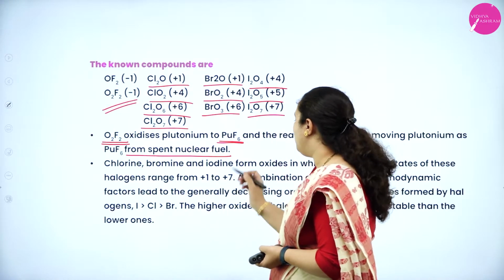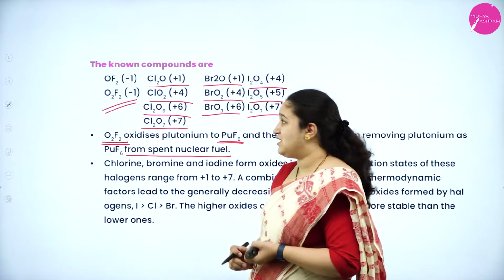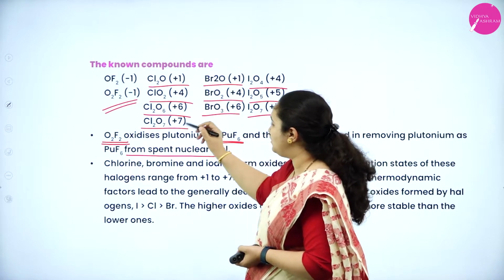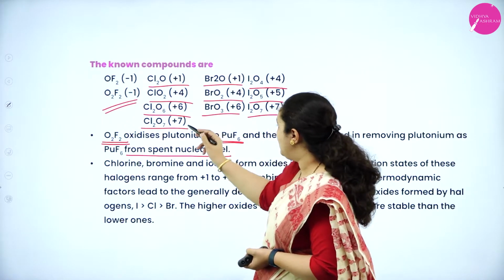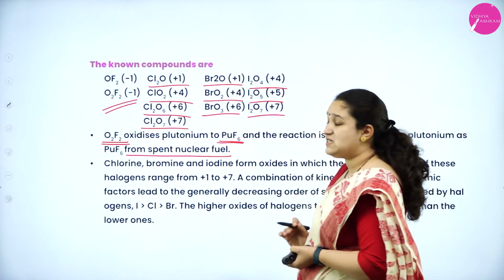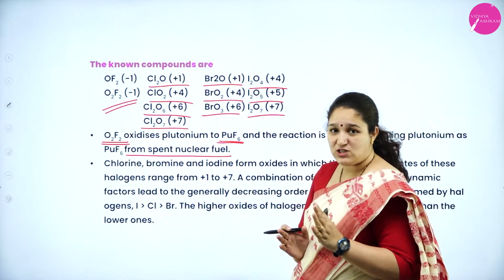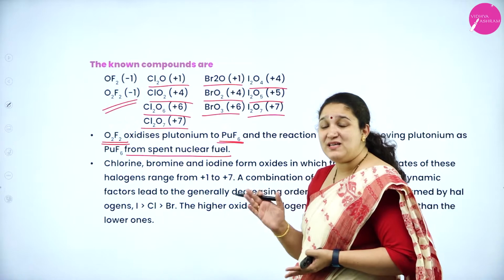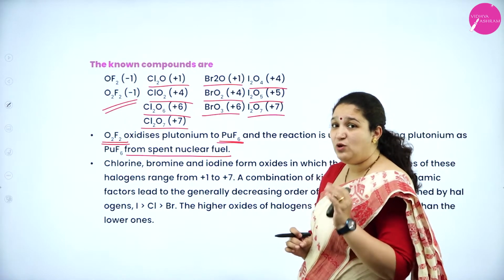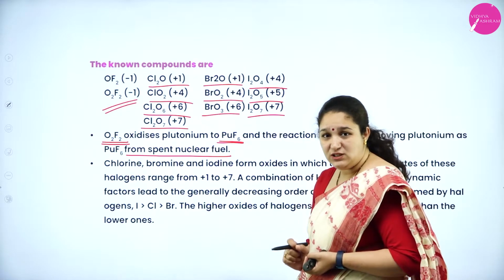Also, chlorine, bromine and iodine form oxides with different oxidation states ranging from +1 to +7. You can see +1 to +7, +1 to +6, here you have +4 to +7. So you have oxides of different oxidation states from +1 to +7, whereas fluorine has only the -1 oxidation state in oxygen fluorides.